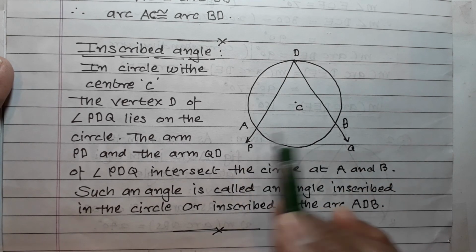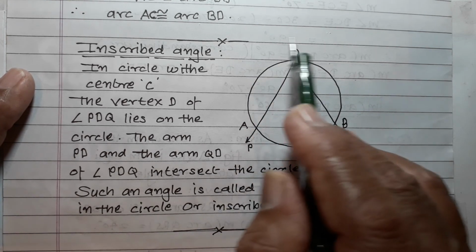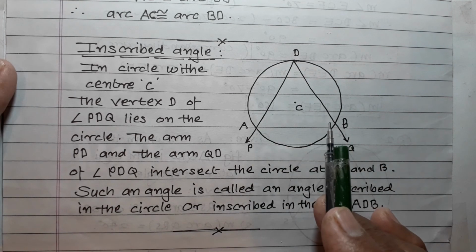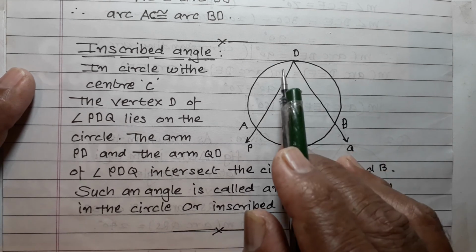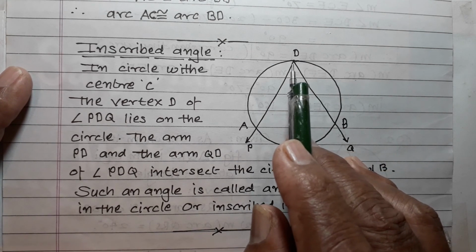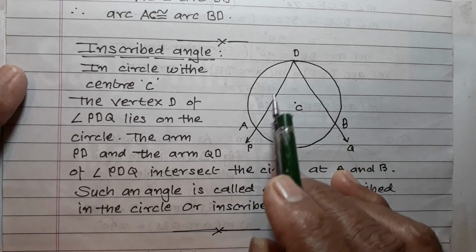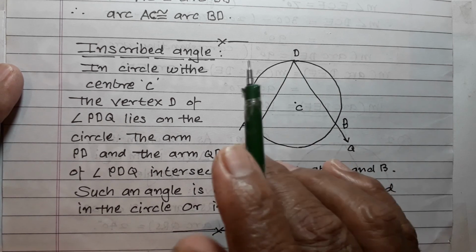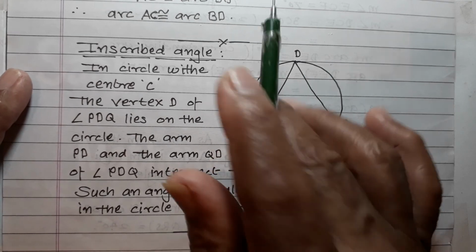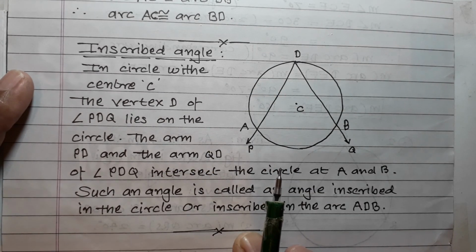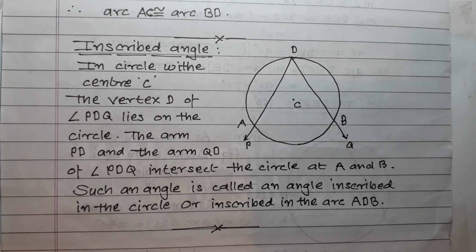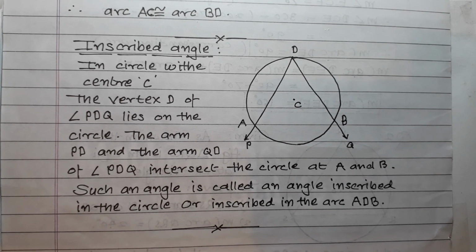So these two points should be on the circle as well as on the arms of the angle, and the vertex should be on the circle, okay. Then this is an inscribed angle, okay. So try to understand this term, and go through it again so that you understand, okay. Now today it is enough. Thank you.